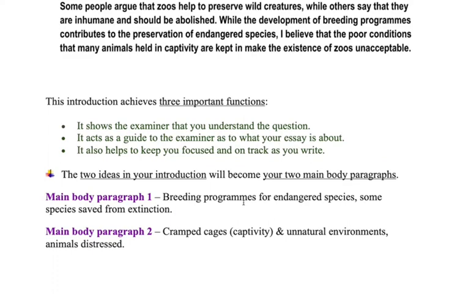Okay, there is not enough space for them to move around freely. So unnatural environments means not natural environments for animals. So the animal is distressed. Okay, so the animal is suffering, feeling extreme pain.